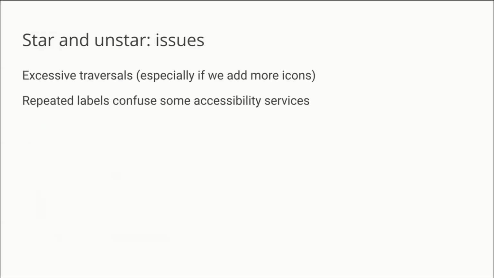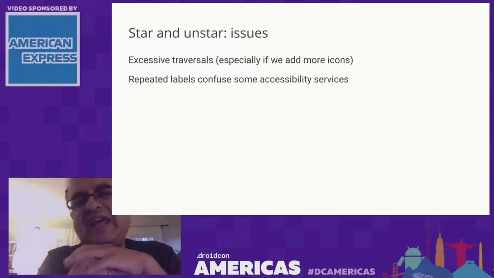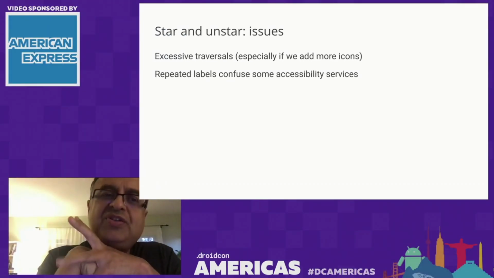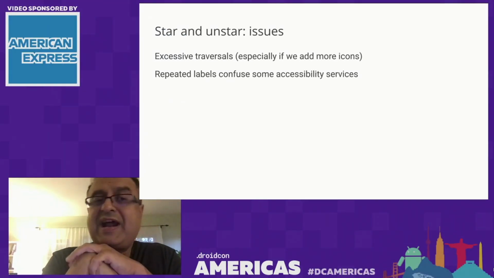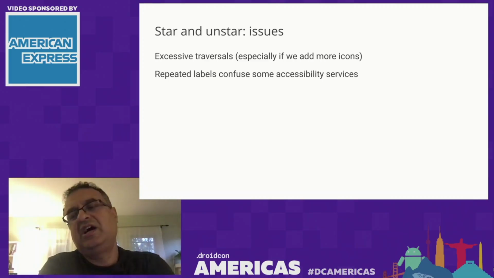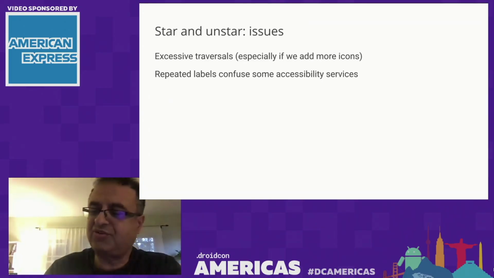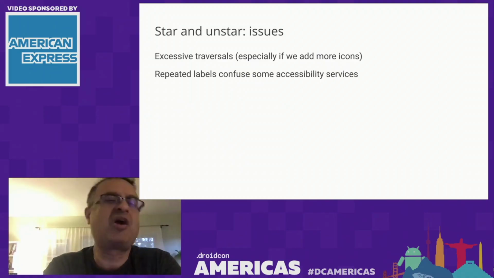Okay, so moving on. And we're finally at star and unstar. So I made a big deal of, hey, this works, but it's not a good pattern. It's not a good pattern for two reasons. One is that this doesn't scale if you have lots of views that require focus, that are actionable. You just get excessive traversals, and that can be really a showstopper for a lot of users.